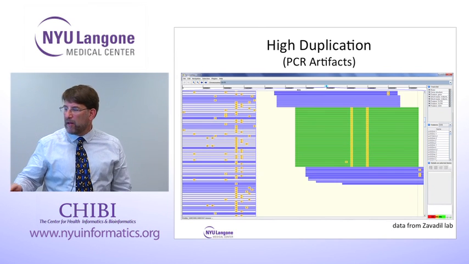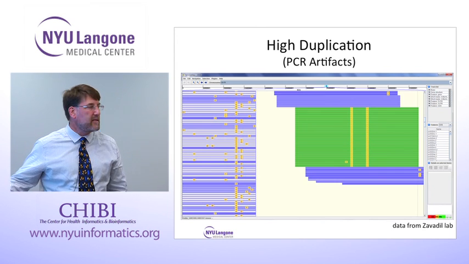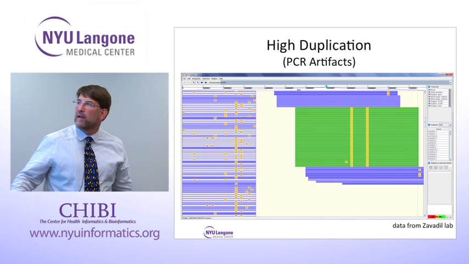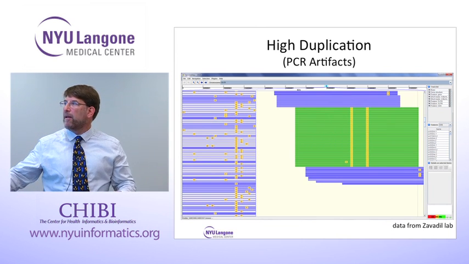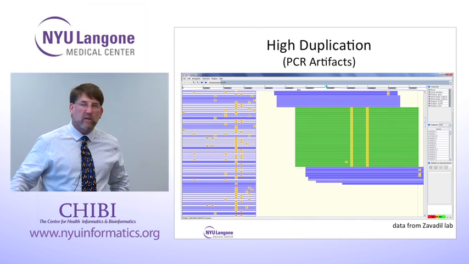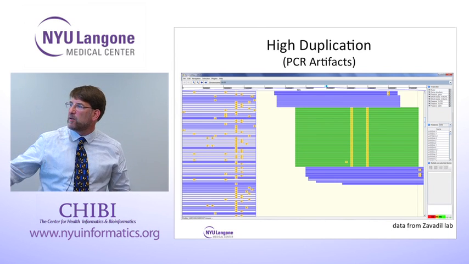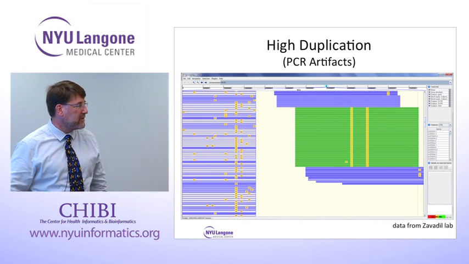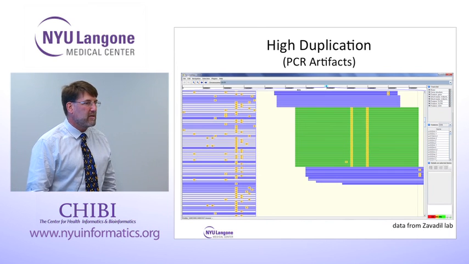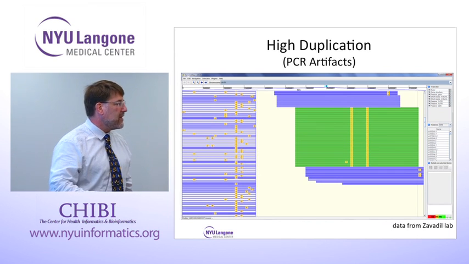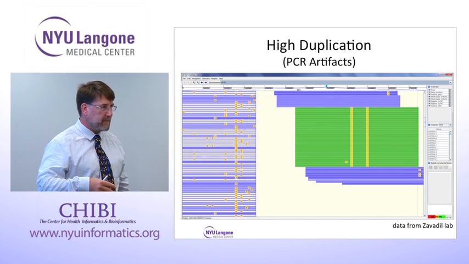We know they're all the same because they have exactly the same start and stop position. If this was real sequence data, it would be randomly fragmented, and all these different reads would show the same mutations, whereas we do have a few overlapping reads that start at different places that don't have these two mutations. So this is a perfect example of a PCR duplicate.